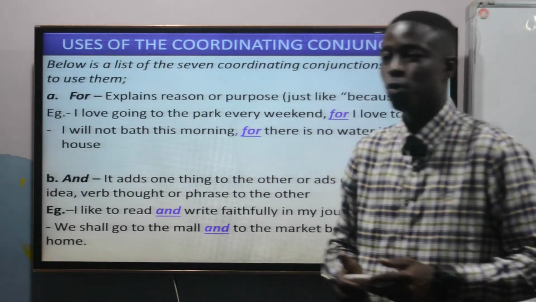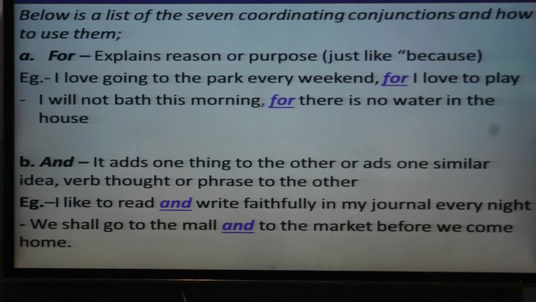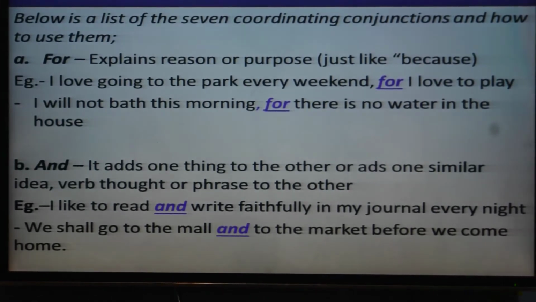Let's move on to the second conjunction, and that is and. And adds one thing to the other, or adds one similar idea, verb, thought, or phrase to the other.